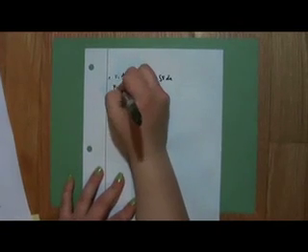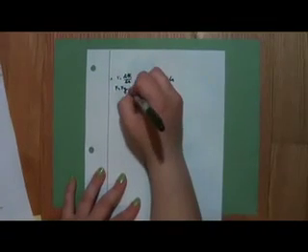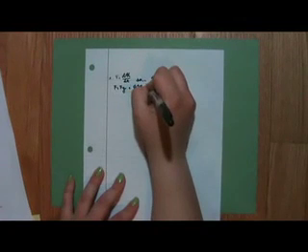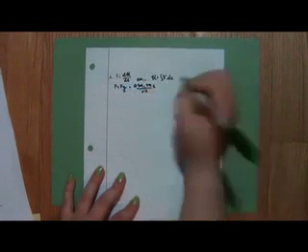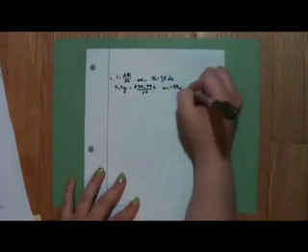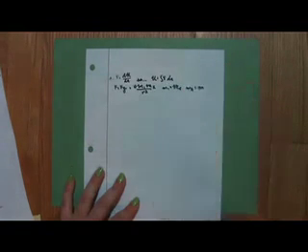In our case, the force is the force of gravity, which is equal to G m1 m2 all over r squared. If we plug in our variables, we've got ME and m.